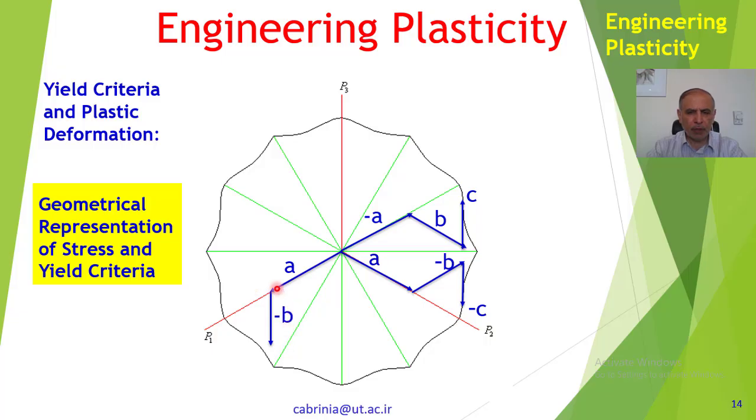Now minus B is applied in the P3 direction, opposite direction, and C also in the positive direction reaches the surface. So you can see three kinds of loading, with different signs and different directions, and we get the same yield point, okay, on the yield locus. And so it is shown graphically what we have proven before, what we have assumed before in the mathematical derivation of the yield function.